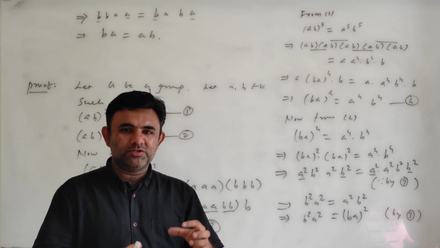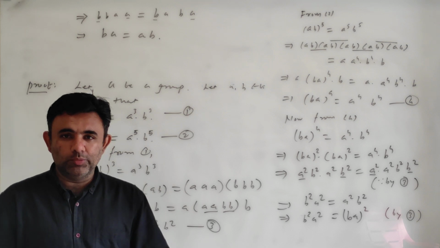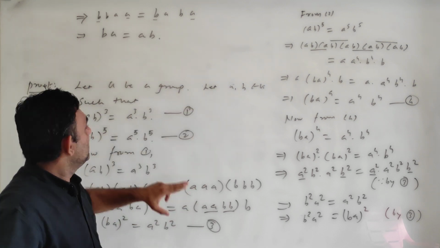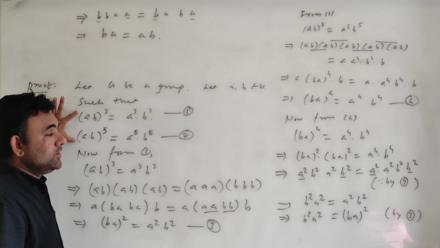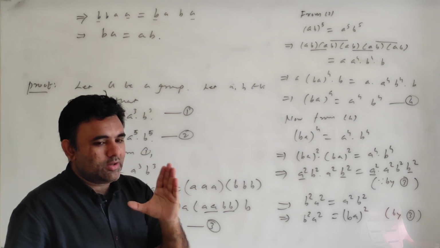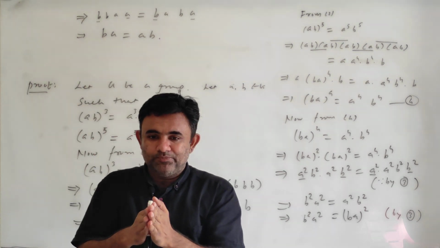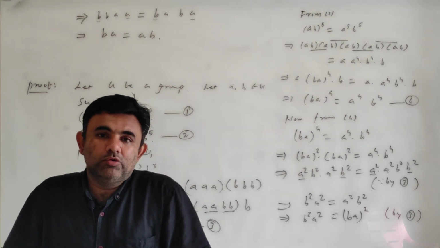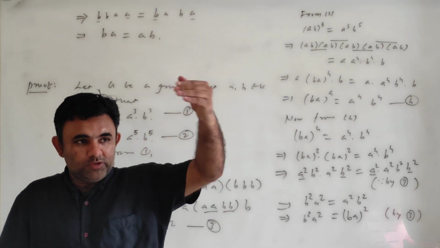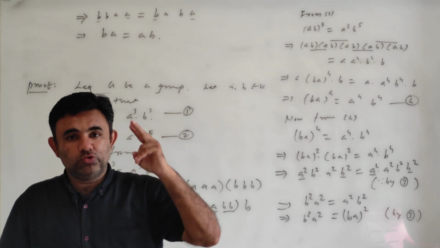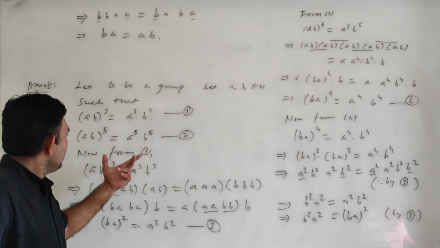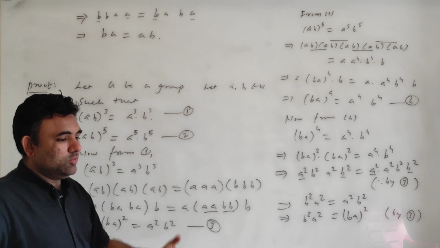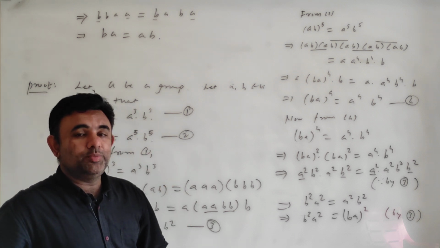So with the help of these three things, we can prove ab equal to ba if I have these two things. So if 3 power and 5 powers can distribute individually, then the group will also be abelian for 3 consecutive integers, or 2 power, or 3 and 5 power. So then we can claim that the group is abelian.